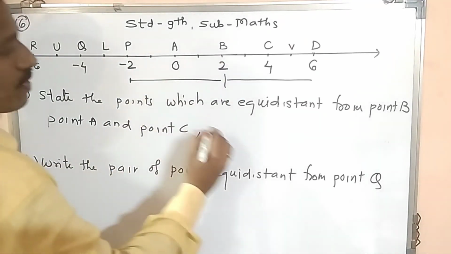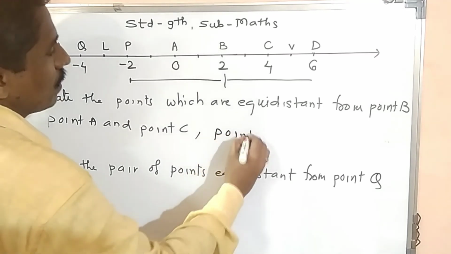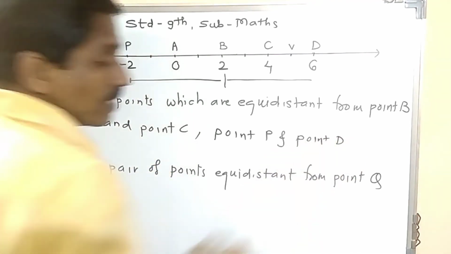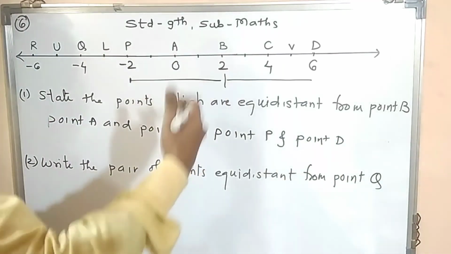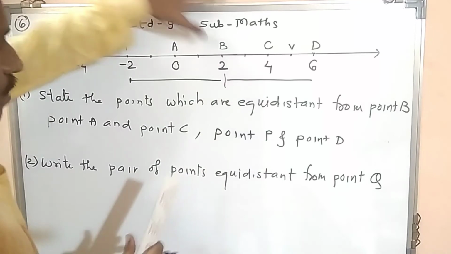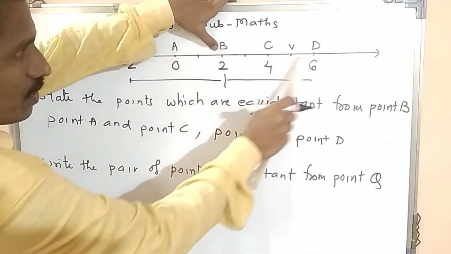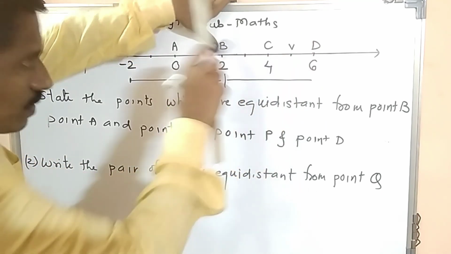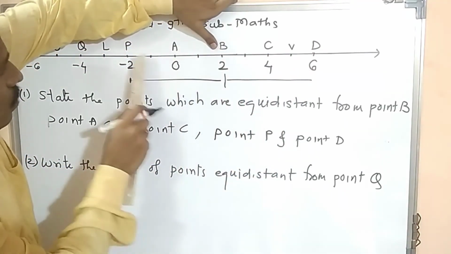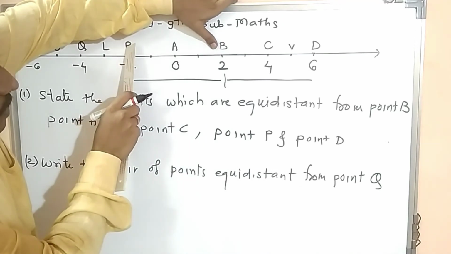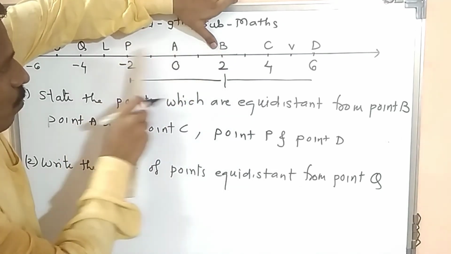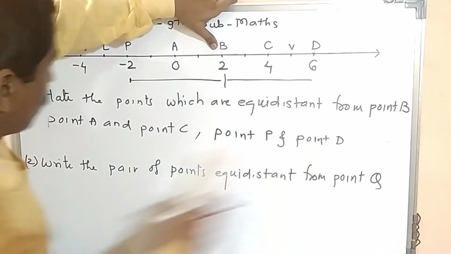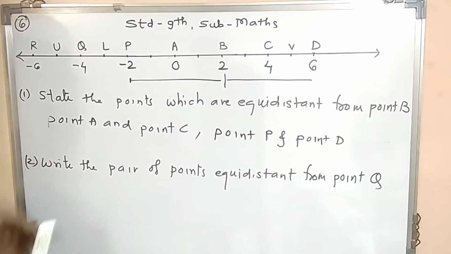So the second pair is point P and point D. These are at a distance of 4 units from point B. Again, look at the figure. This is 1, 2, 3, 4. So point D is at a distance of 4 units from point B. Again here, 1, 2, 3 and 4. Point P is at a distance of 4 units from point B. So point P and point D are equidistant. Here point A and point C are equidistant.